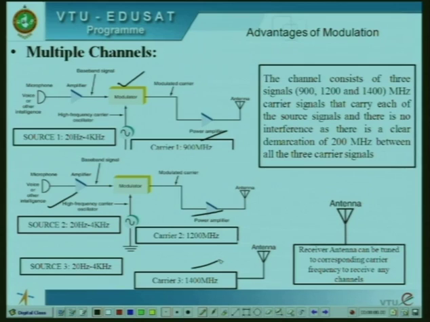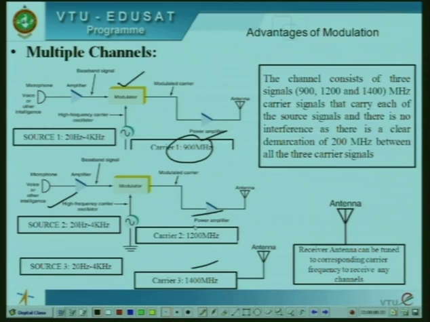So now what happens is, if the carrier frequencies 900, 1200 and 1400 megahertz are assigned to each of the stations or sources, the incoming signal will be automatically translated to a frequency range of 900 megahertz plus or minus 4 kilohertz.